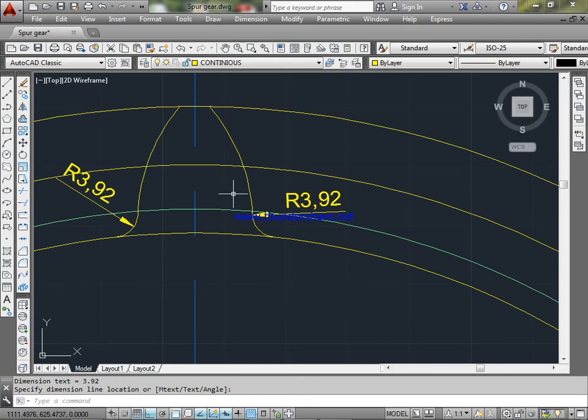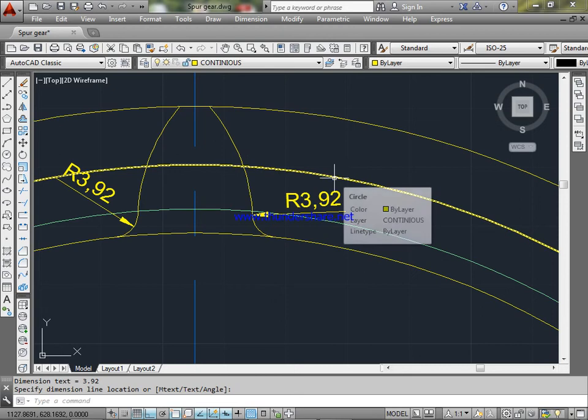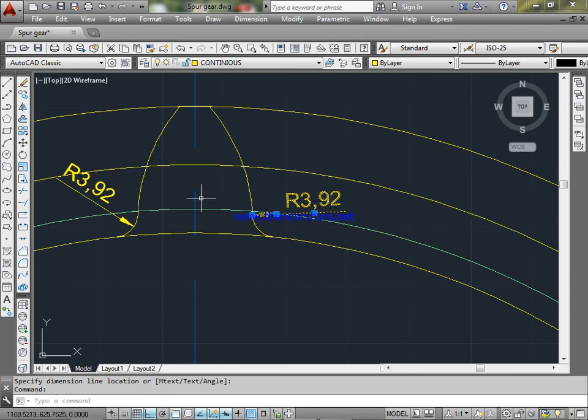From one tooth to another tooth, the gap between the teeth is the tooth thickness. So here the tooth thickness is 15.71.